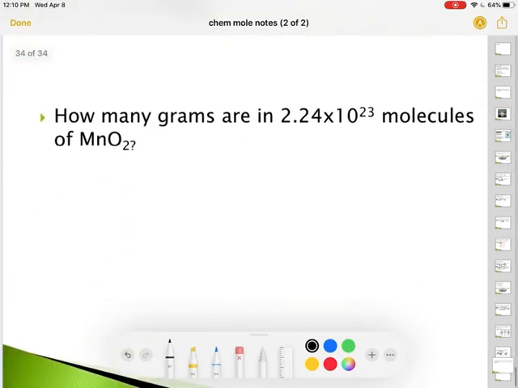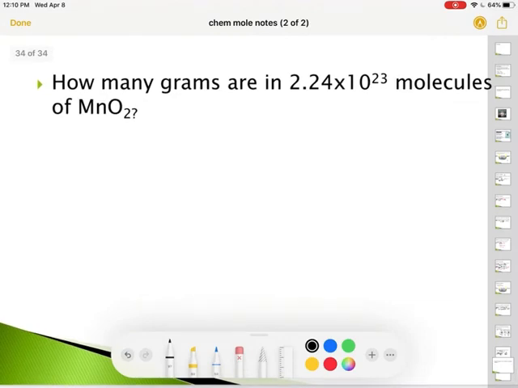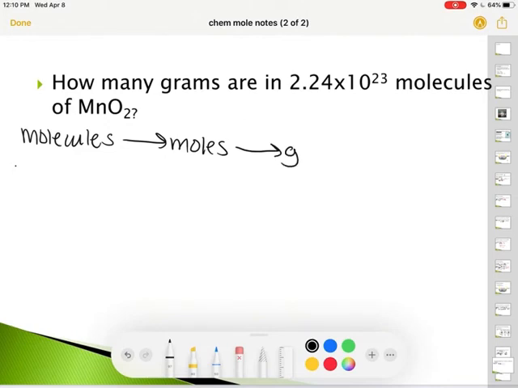Okay. I got one more for you. We're going from molecules to grams. Okay. So we're going to go from molecules to moles and from moles to grams.